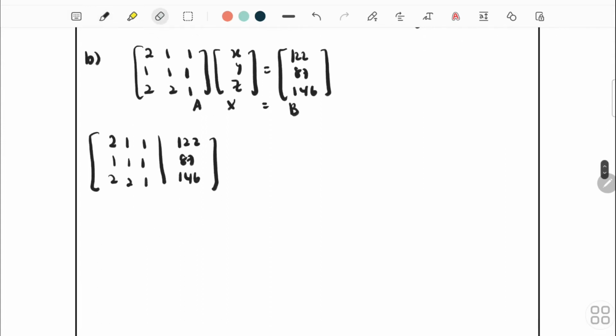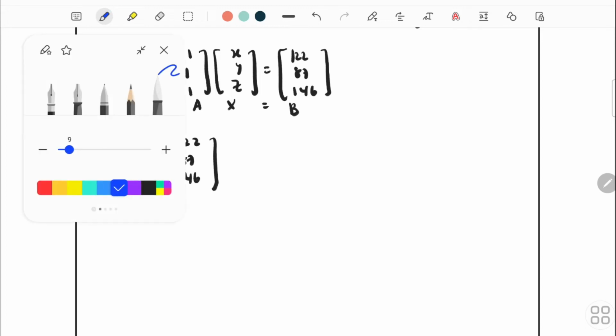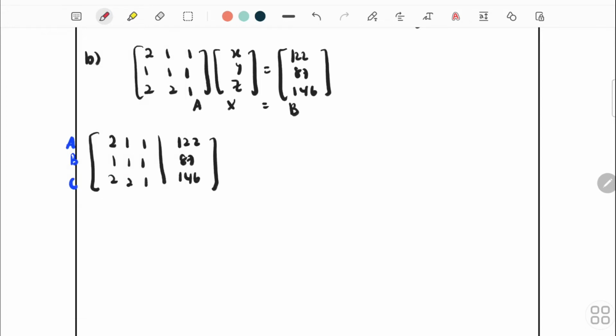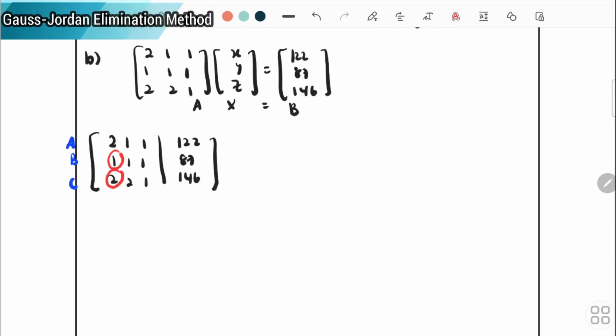So we're going to start using the Gauss-Jordan elimination method. We label each of the rows A, B, C to represent each row that we have. Then we locate which elements need to be changed. Focusing on the first column, the elements of the second and third rows need to become 0.